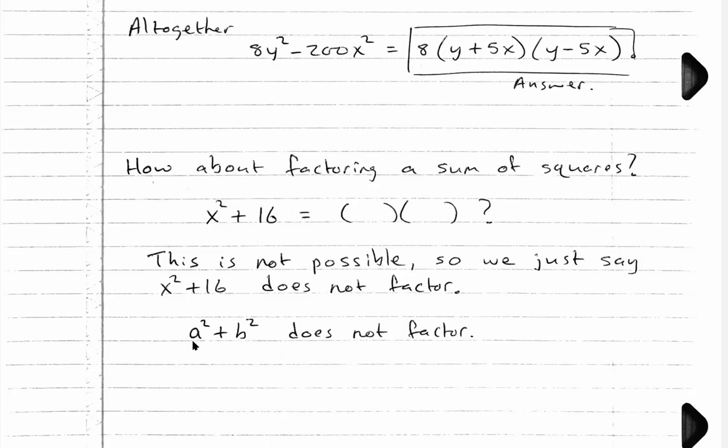So if you see something like a squared plus b squared, that does not factor. It doesn't factor using real numbers. It does factor using complex numbers. We'll get to those later, but usually when you're factoring, you're talking about real numbers.